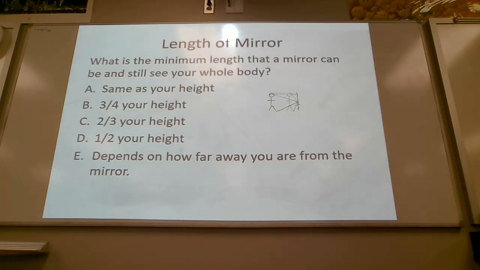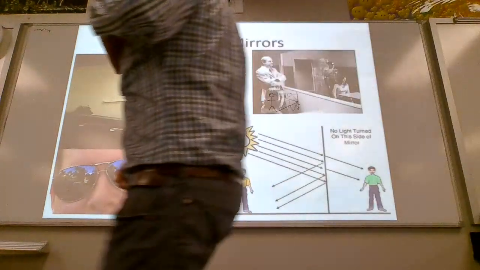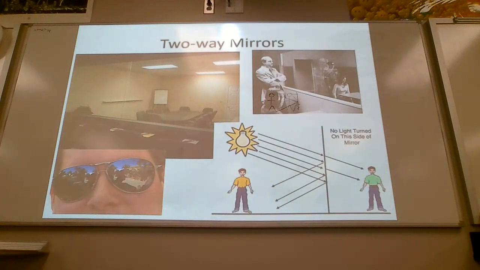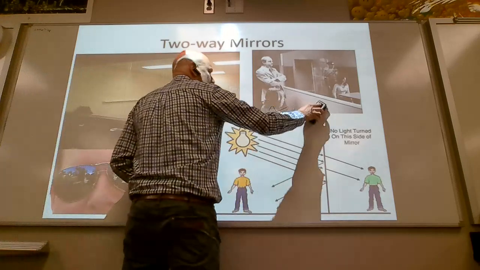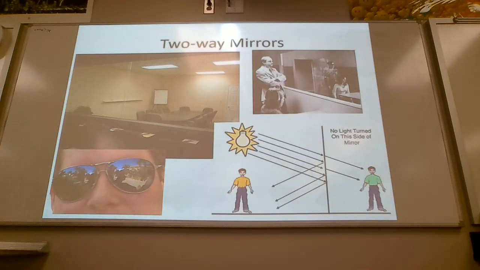Now, this like one way or two way, like one side looks like a mirror, one side looks like a window. These surfaces are semi-reflective, semi-transparent, and you can sort of see through, sort of reflect.